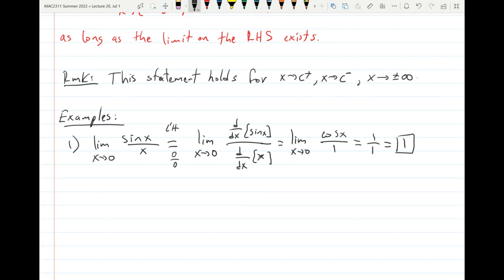Okay. Now let's use this idea to compute other limits. So for example, let's do e to the x minus 1 over x. That's one of the green limits that we have from before. So the limit as x approaches 0 of e to the 2x minus 1 over x.